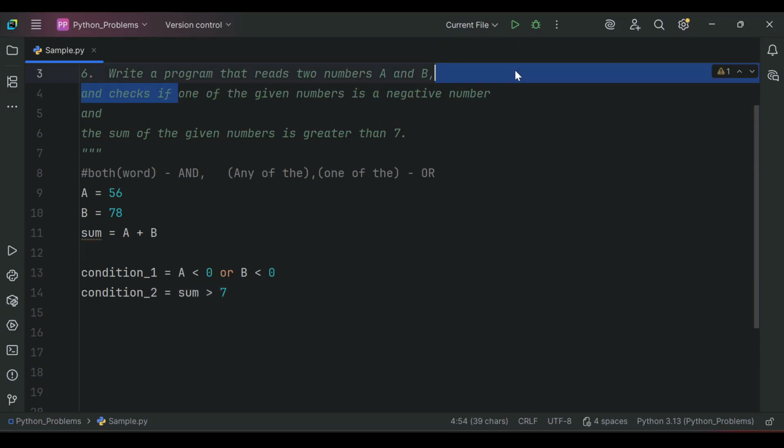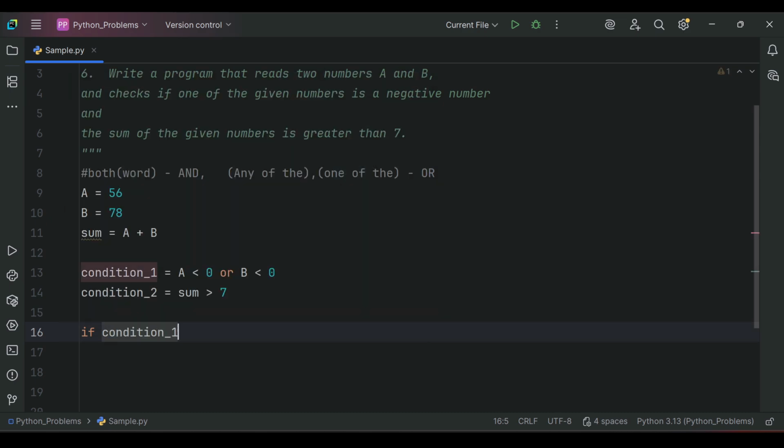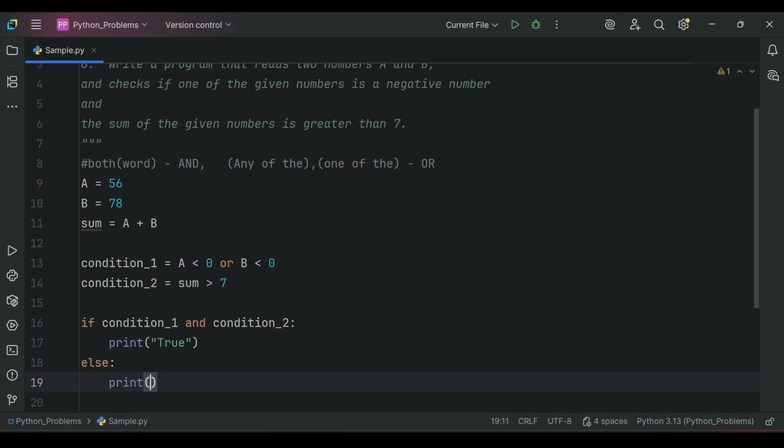If condition 1 and condition 2, check it. If the condition is true, then print true, otherwise print false.